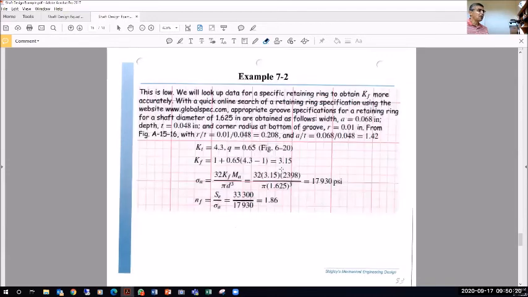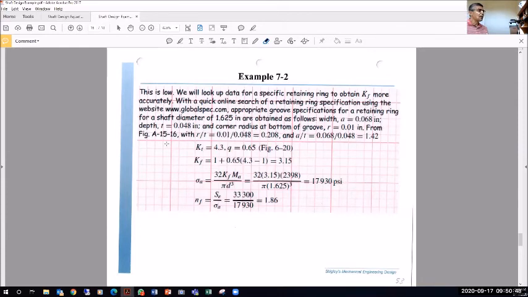So I dig a little bit further into the groove specification. We looked here at globalspec.com for the appropriate groove specification for a retaining ring for a shaft diameter of 1.625. We found that the width should be 0.068 inch, the depth should be 0.048, and the corner radius at the bottom of the groove should be 0.01 inch.